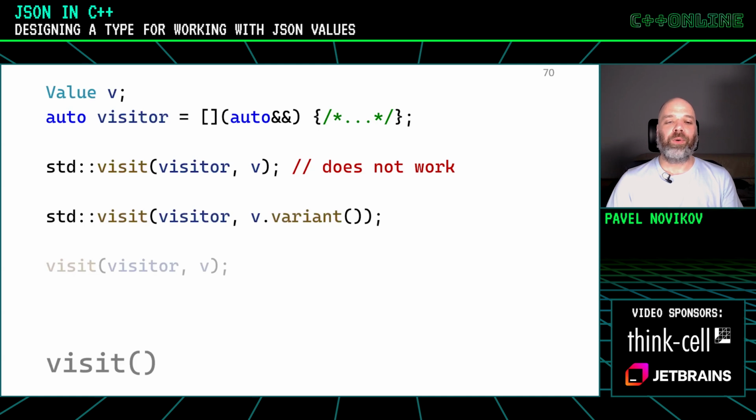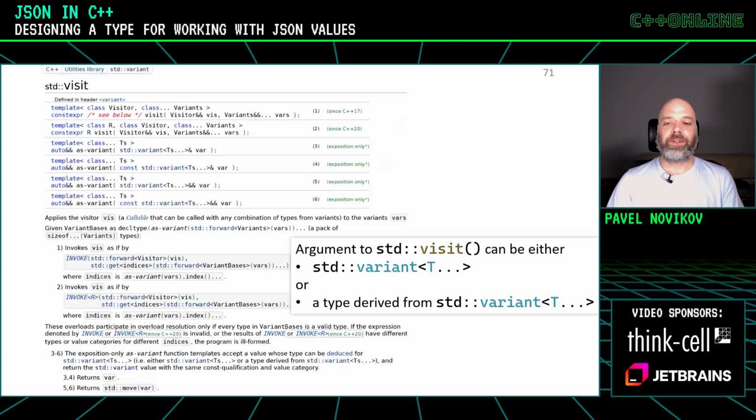So we have to explicitly convert our value to variant, and then we can use std::visit. But I think it would be nice to just write visit, and for that we can implement our own version of visit, and I propose to do that.